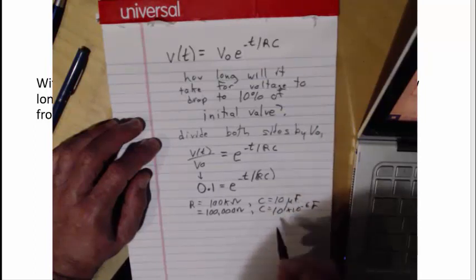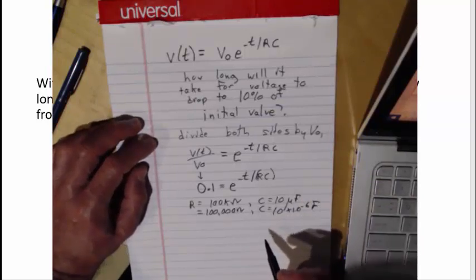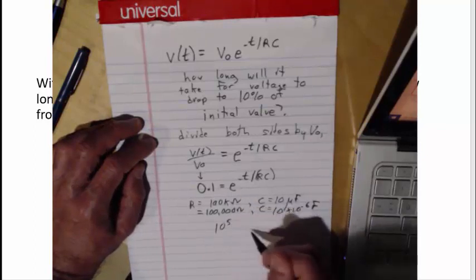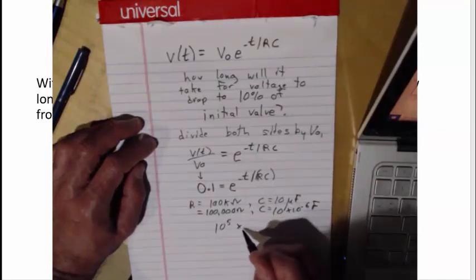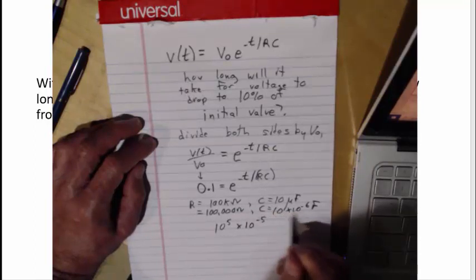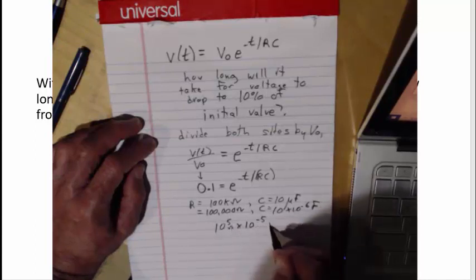I have to put that in the basic units, ohms, farads, to do any conversion or calculations with these numbers. So this is 10 to the 5th, and this one is 10 to the minus 5th, because 10 times 10 to the minus 6th is 10 to the minus 5th. And that's ohms, that's farads.